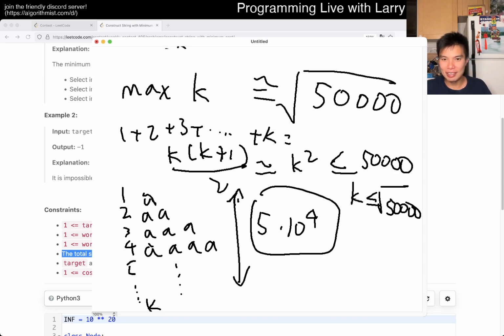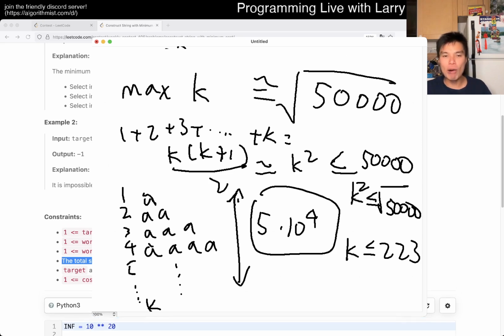So K is less than about 223. That is very ugly, 223. And that's basically the answer, right? So now we know that in the worst case, there can only be 223 of these. As long as we dedupe and stuff like that, we're fine.